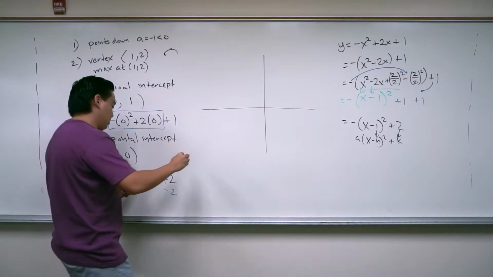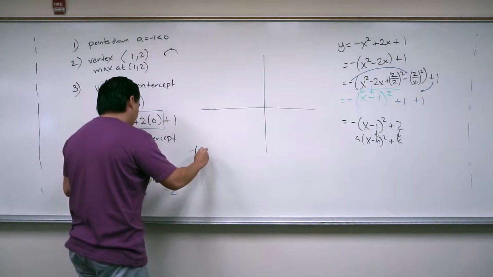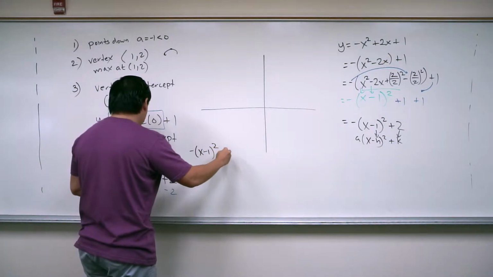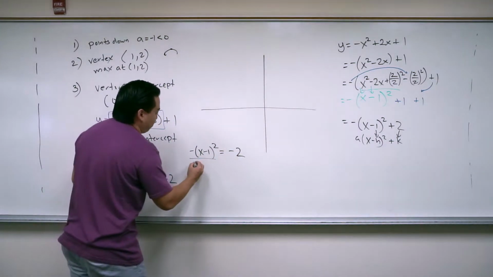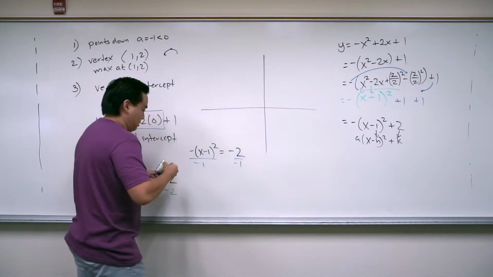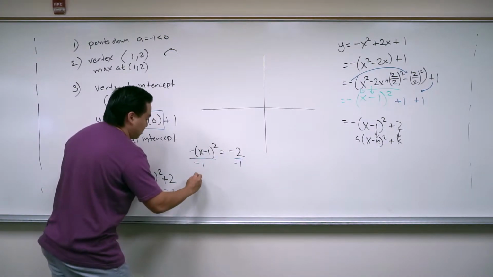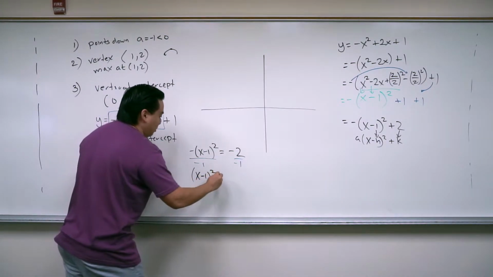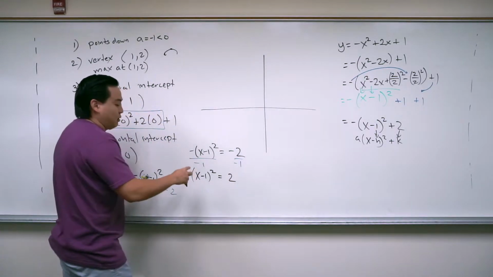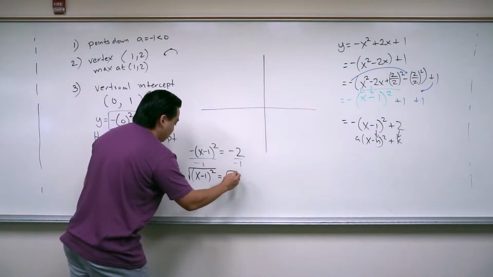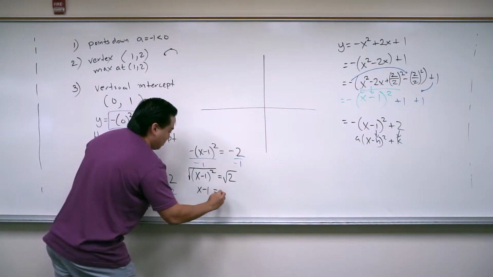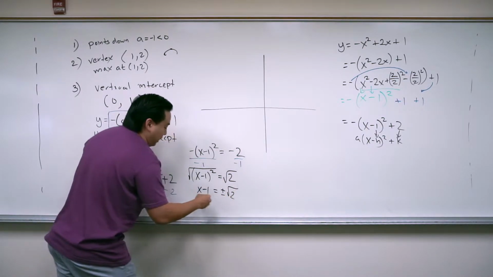So you get negative (x minus 1) squared is equal to negative 2. Divide by negative 1. So (x minus 1) squared is equal to 2. When you do the square root property, you take the plus or minus on the right, and then add 1.